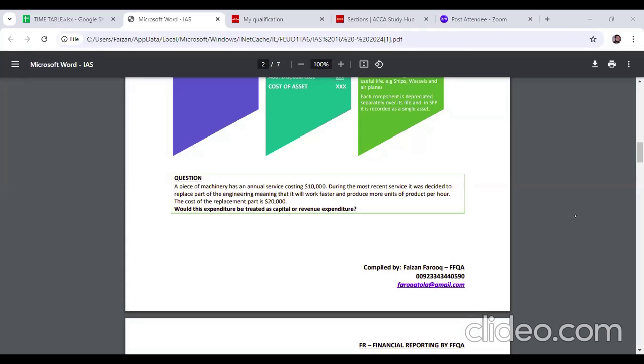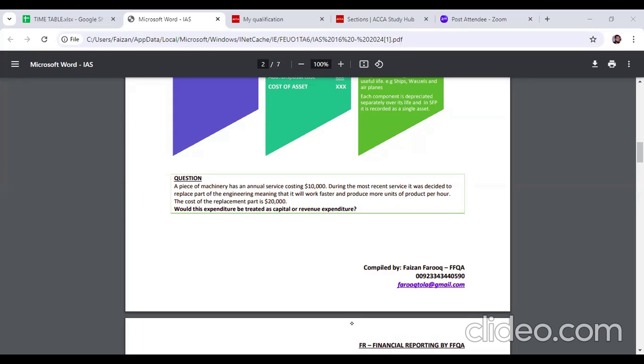Example question. A piece of machinery has an annual service agreement of 10,000. During the most recent service, it was decided to replace a part.